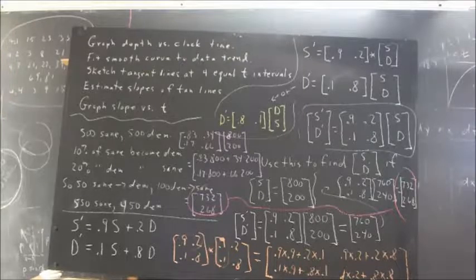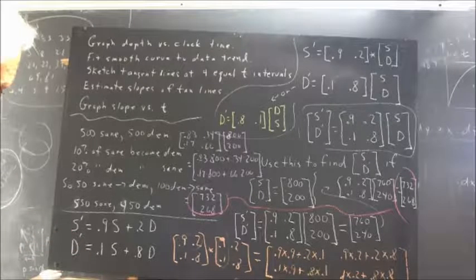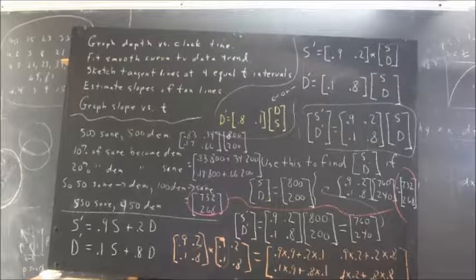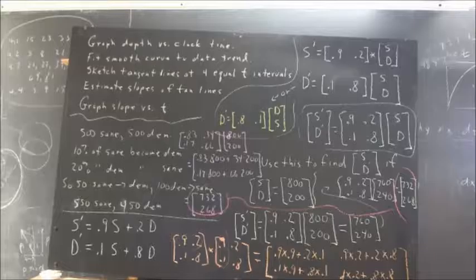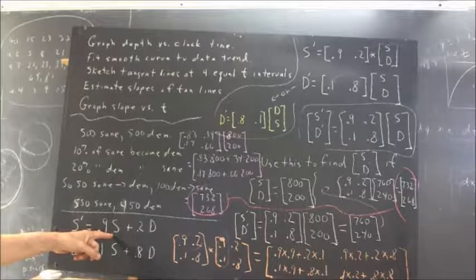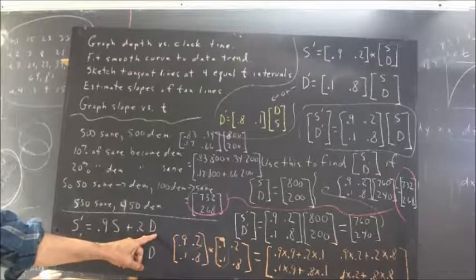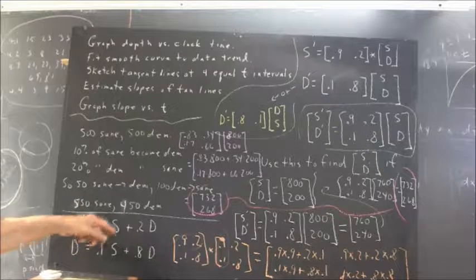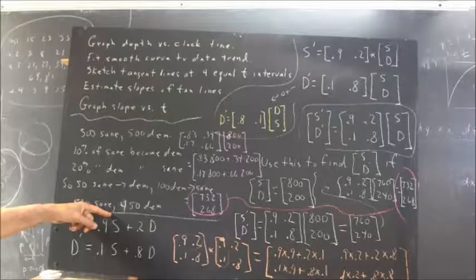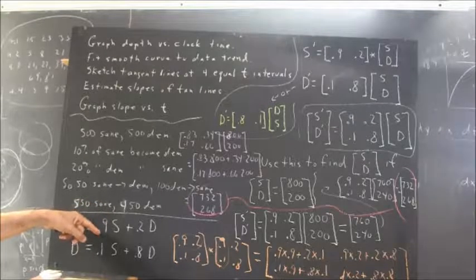Now there's a more efficient way to calculate this sort of thing. We can see that if 10% of your sane become demented, then 90% of your sane are going to remain sane. So if S stands for the number of sane people and D for the number of demented people, 0.9S stands for the 90% of the originally sane people that stay sane.